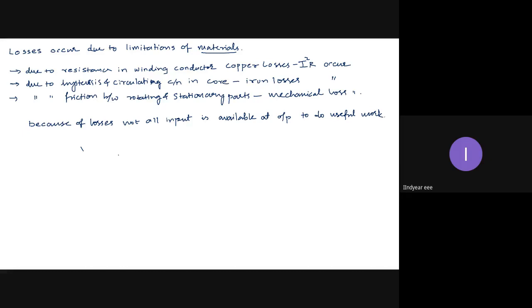So this power that is lost in the form of losses is dissipated in the form of heat.